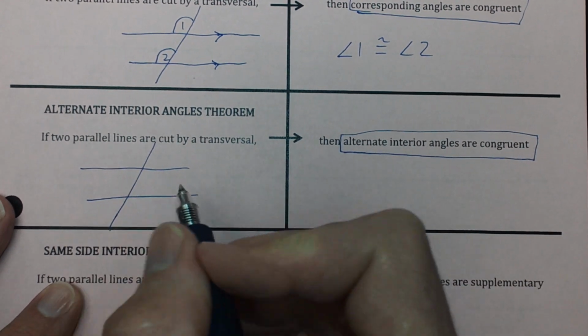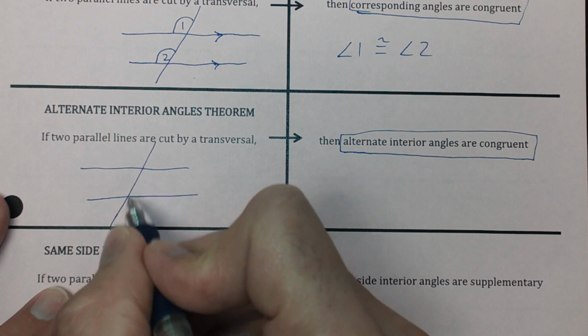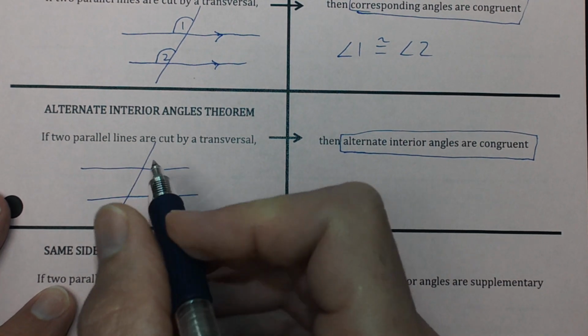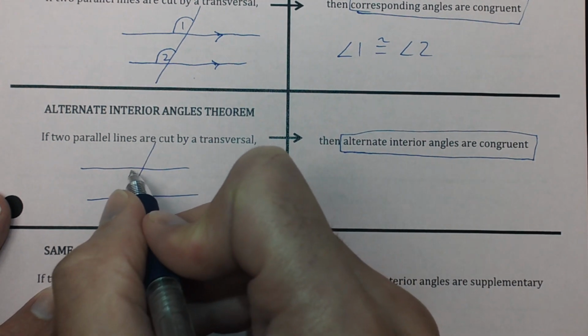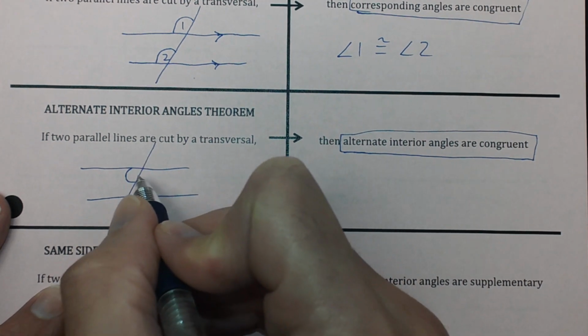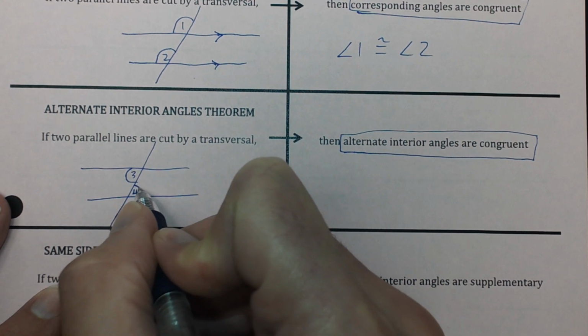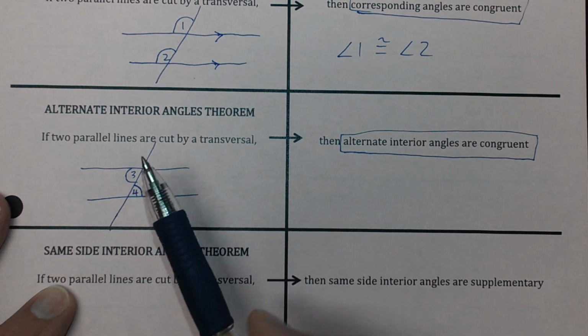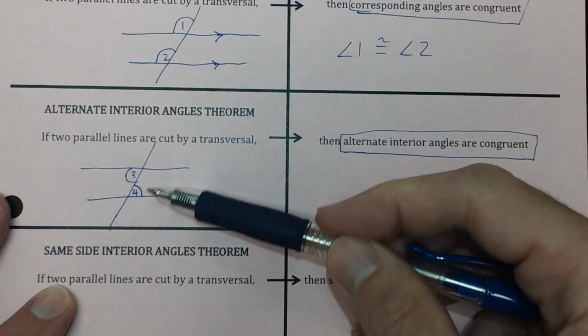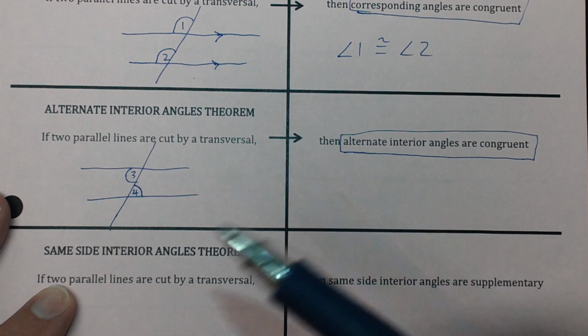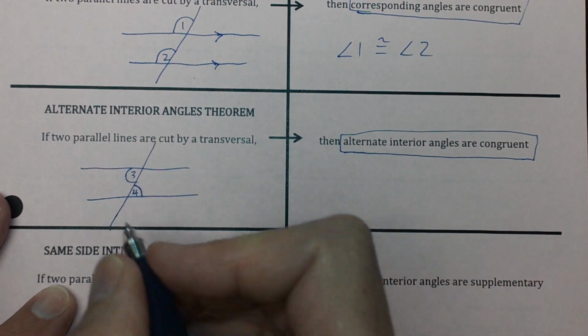And where are alternate interior angles? Interior means they're inside of the two parallel lines. And alternate means they're on opposite sides of the transversal. So we could say this is angle 3 and this is angle 4. Again, interior means they're both inside the parallel lines. Alternate means on opposite sides of the transversal. So they're alternate interior angles.